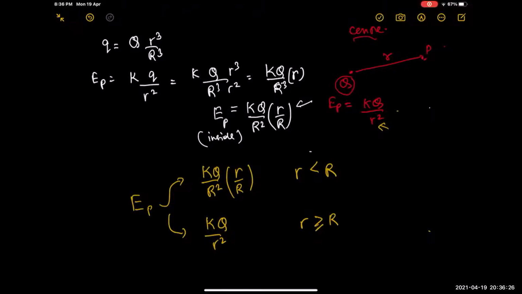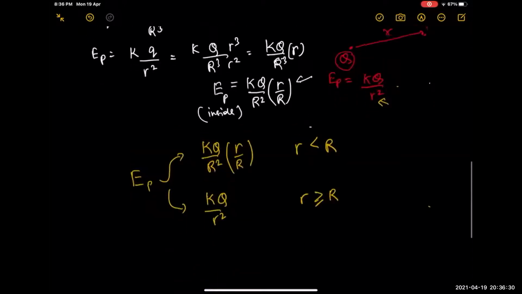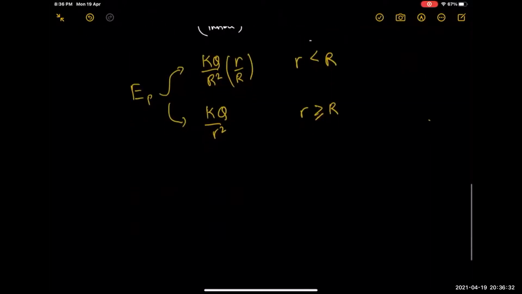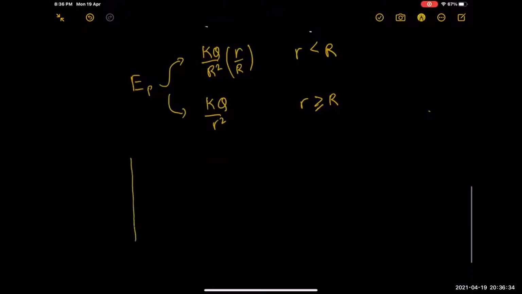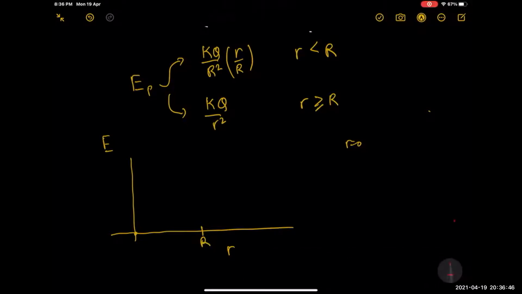And the next thing is we will make a graph of E versus r. The graph will look like this. It is simple. For r equal to 0, till R, this is the capital R value, you are following a straight line. Why? Because it is proportional to r. So K capital Q by R square, r by R, is a straight line with respect to r.